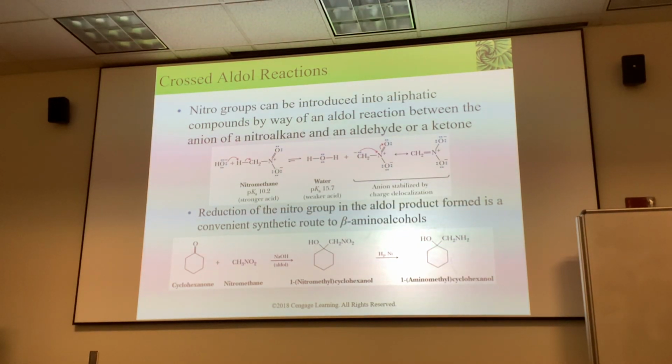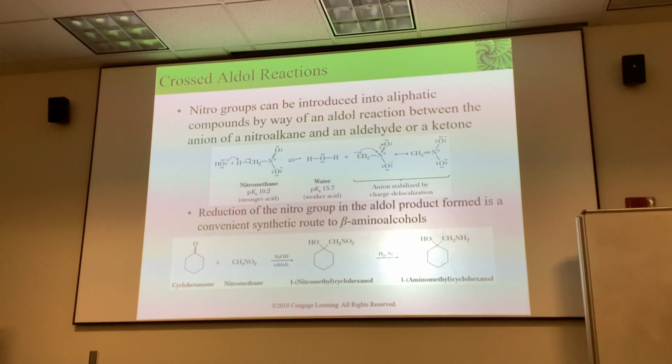I mean, it's not an enol, but this one acts like our enol. It's our anion, our nucleophile, and you can react that with a carbonyl to do a crossed aldol, right?